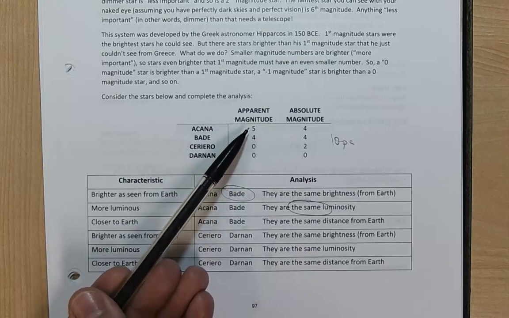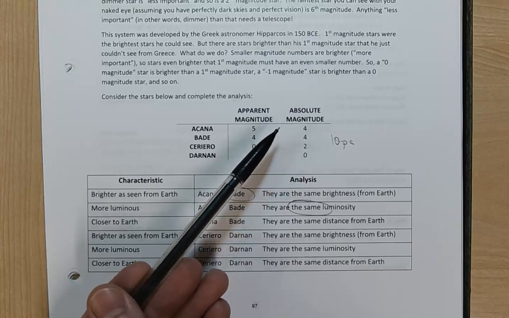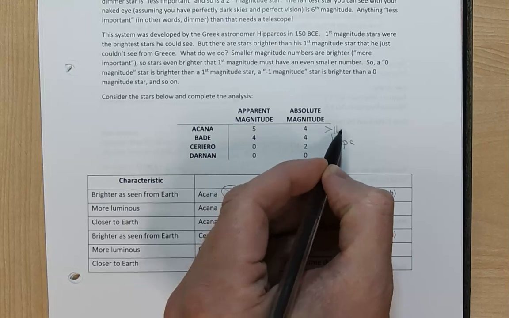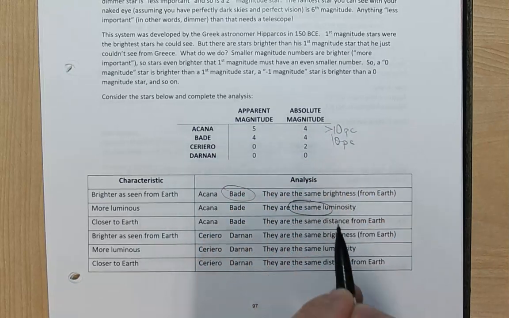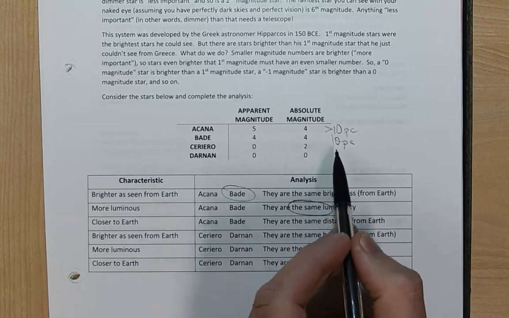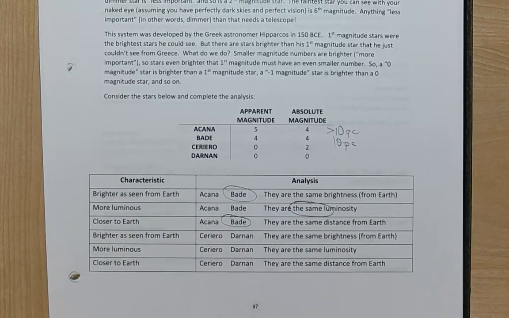If Akana looks fainter than it would look from 10 parsecs, then Akana must be more than 10 parsecs away. If it looks fainter, it must be further away from us than 10 parsecs. So which one is closer, 10 parsecs or more than 10 parsecs? Well, 10 parsecs is closer to us.